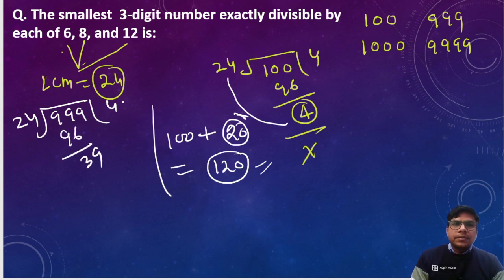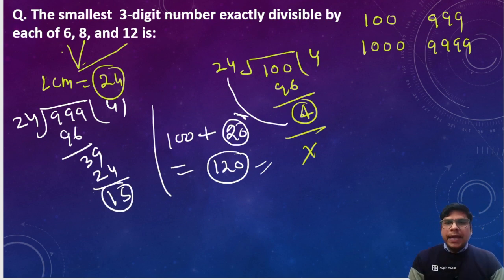Now again it can go in one time, so 24 ones are 24. Now the remainder is 15. In the case of the smallest number, we subtracted the obtained remainder from the LCM and then added the resulting number to the smallest 3-digit number to get our final answer.